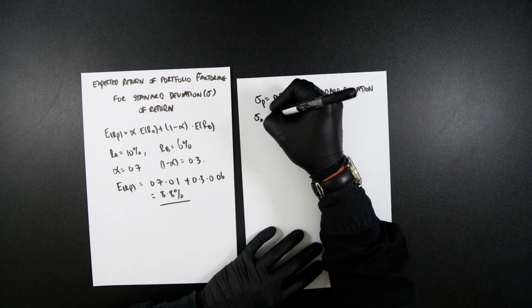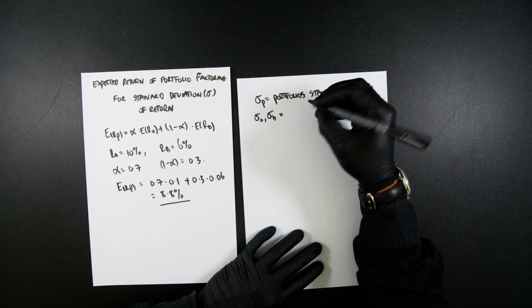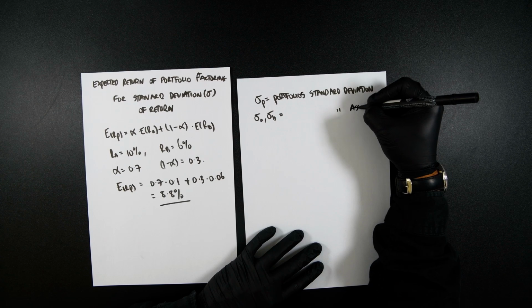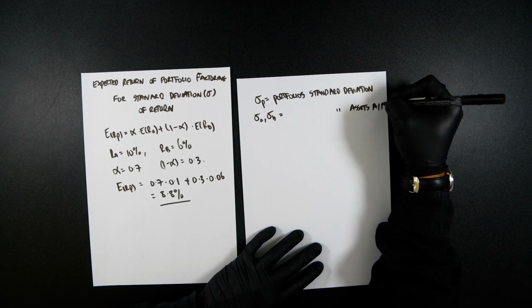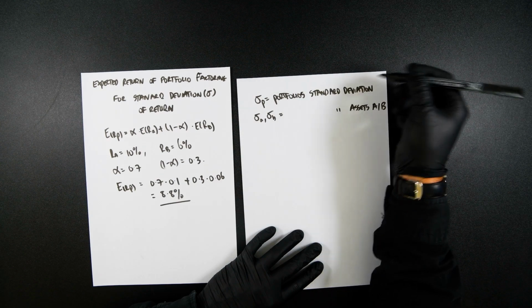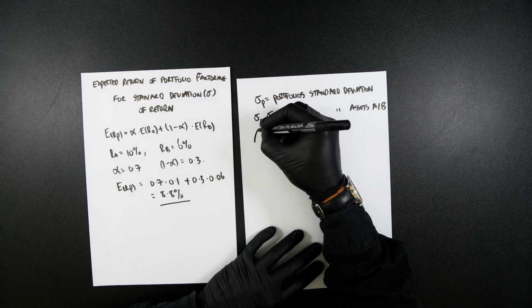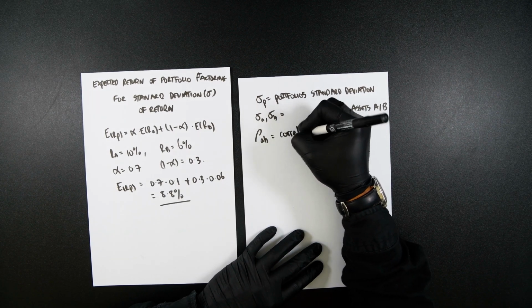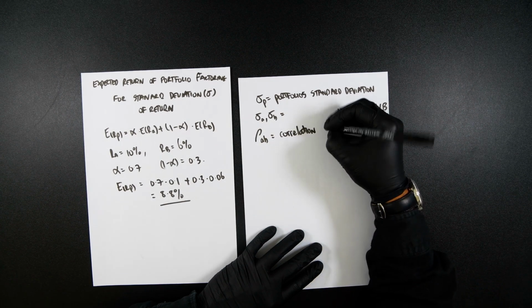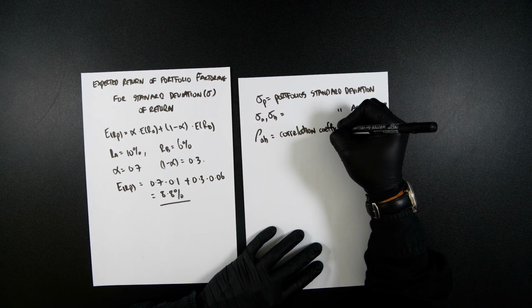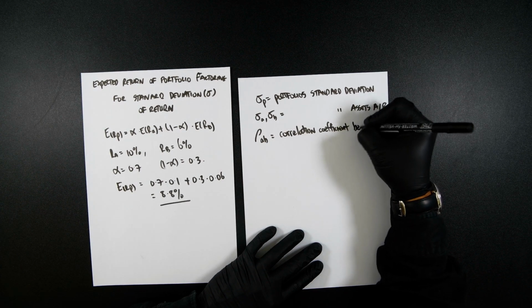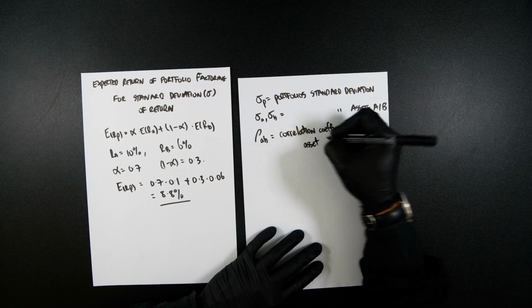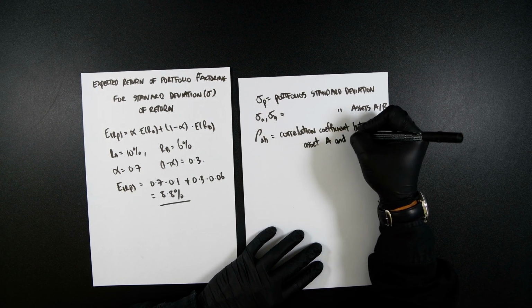We're going to use sigma A and sigma B to be the standard deviations of assets A and B. Then you're going to have rho AB, which is the correlation coefficient between asset A and B.